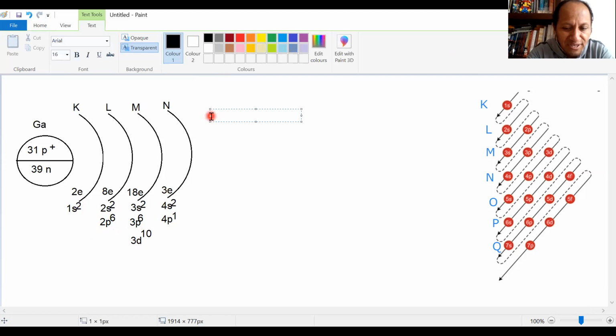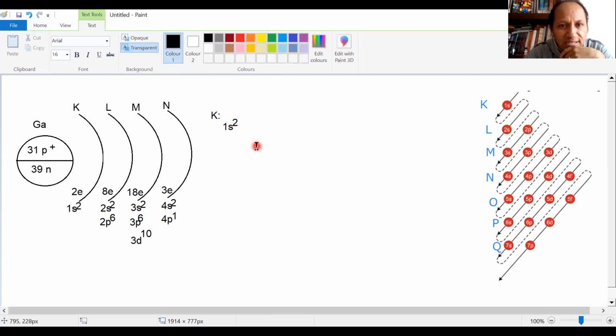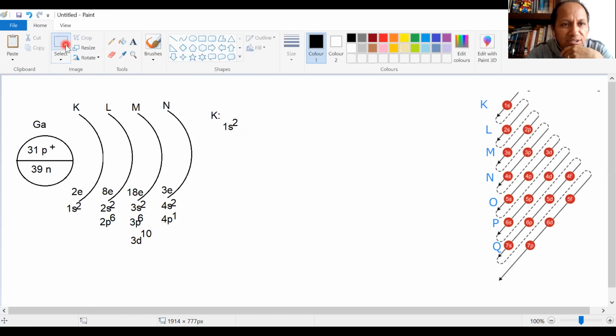I'm going to write. The first level of energy is called K, according to Mr. Bohr. So then you're going to do the following. The first level of energy says 1s2, right? So how do you represent that?